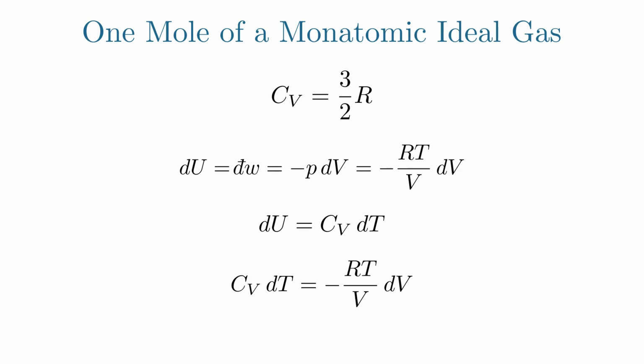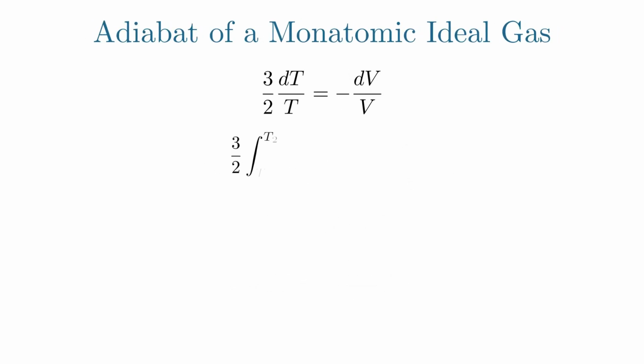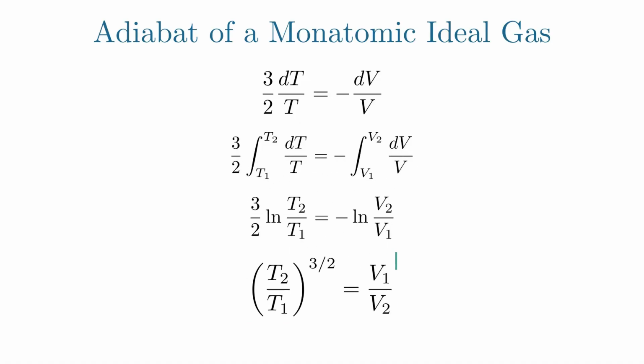The internal energy of an ideal gas depends only on temperature, so dU equals C_V dT. Equating the two expressions for dU gives C_V dT equals minus RT over V dV. Using C_V equals 3R/2 and rearranging gives 3/2 times dT over T equals minus dV over V.